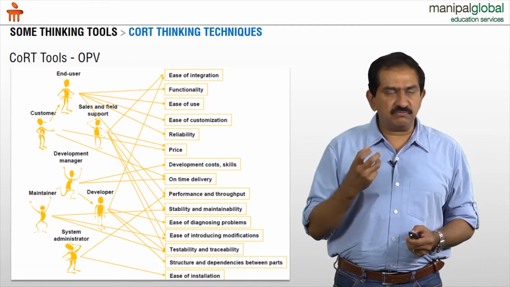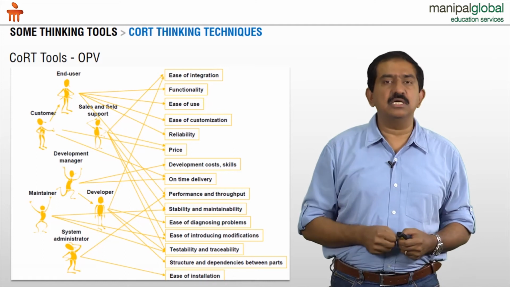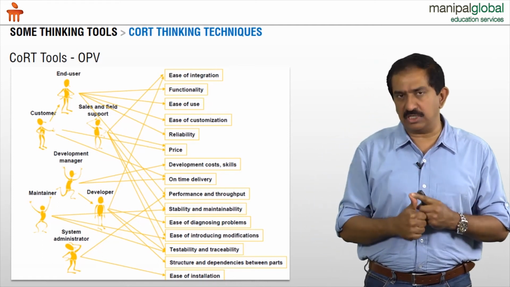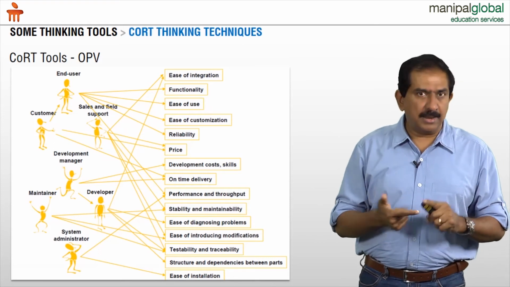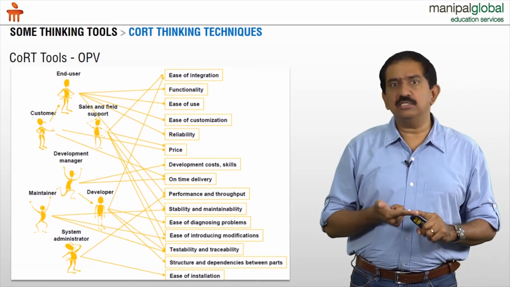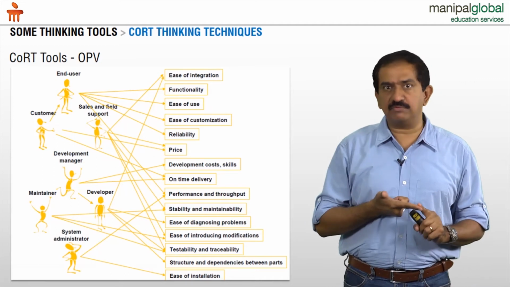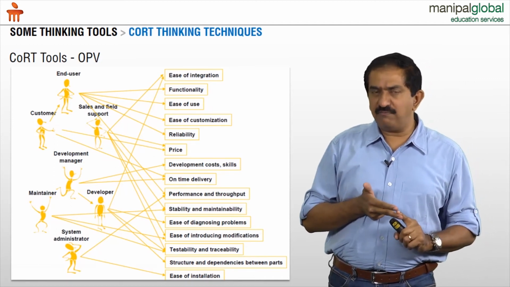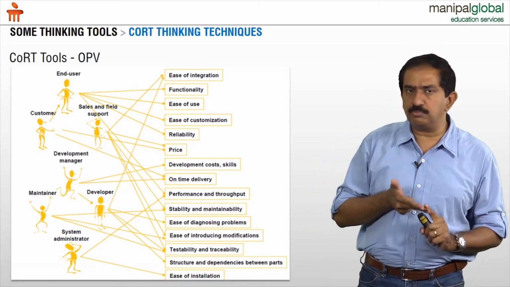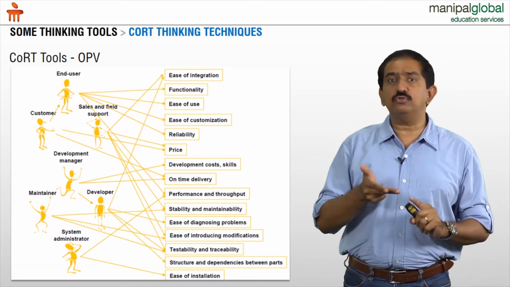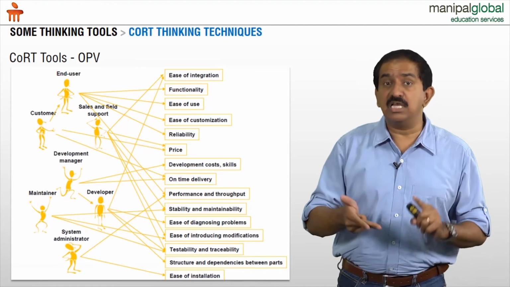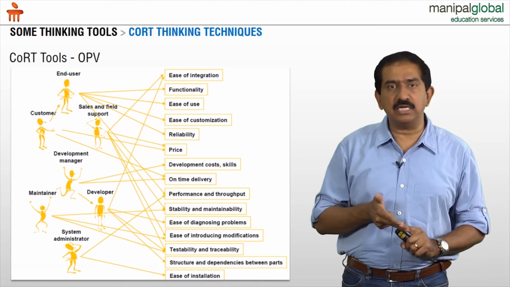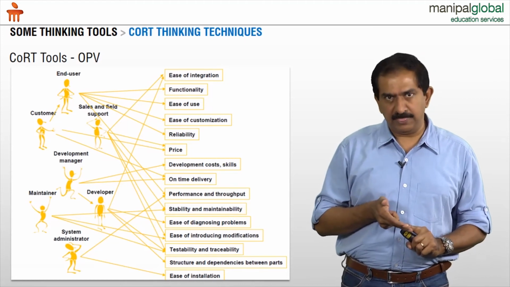Analyzing a situation using this technique helps you, one, to change the perspective with which you look at the system. Number two, it helps you understand the most important characteristics from the different actors' perspectives. Number three, if you are facing a problem and you're trying to resolve this problem, you can understand which of those actors are most impacted by that problem, and therefore what's the appropriate kind of solution to determine.